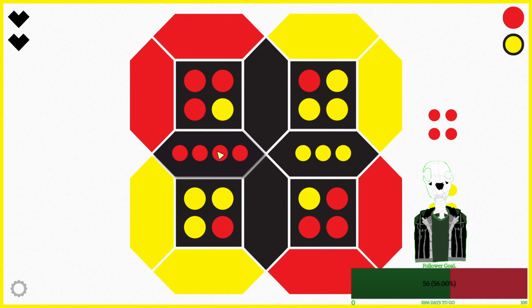There's 3 more than current. The only way I can figure to do that is for these two to be red and these two to be red.